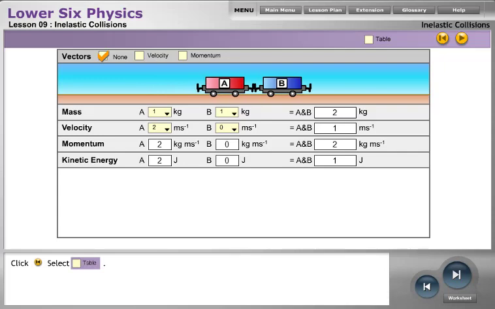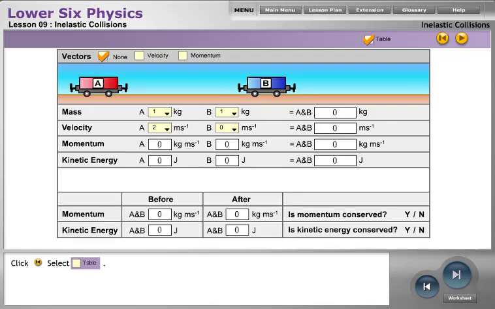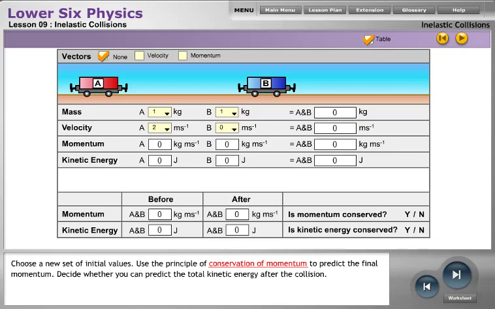Click Reset. Select Table. Choose a new set of initial values. Use the principle of conservation of momentum to predict the final momentum. Decide whether you can predict the total kinetic energy after the collision.